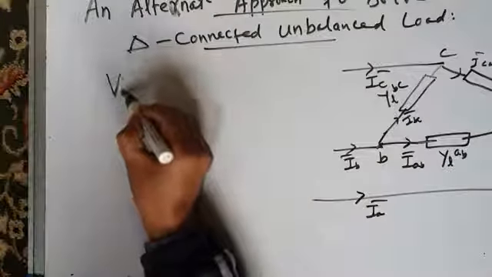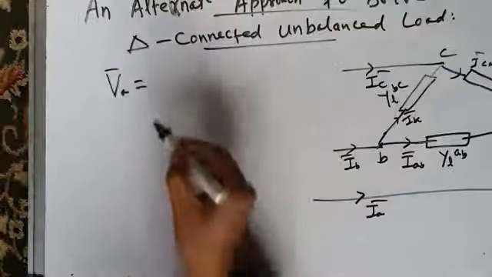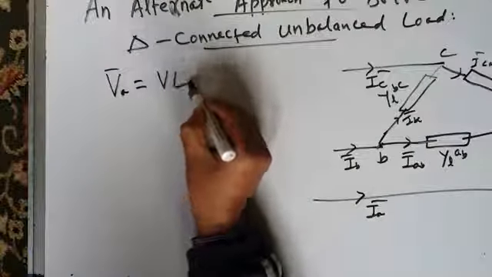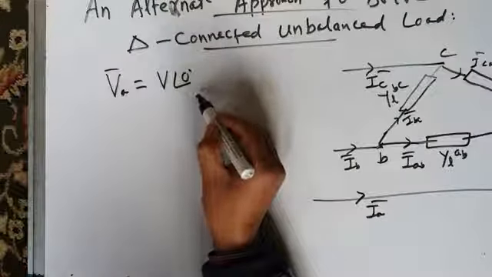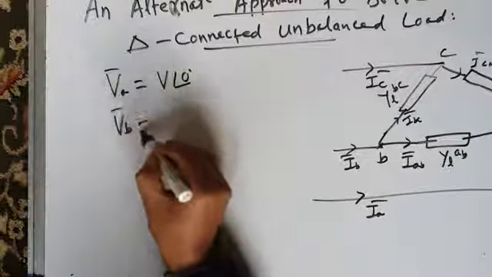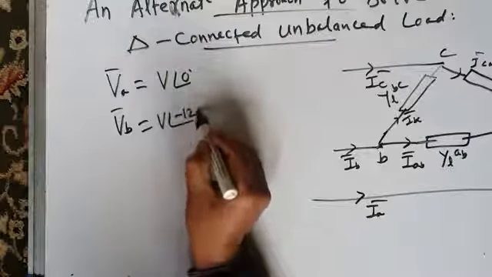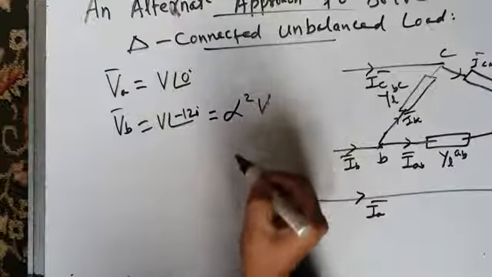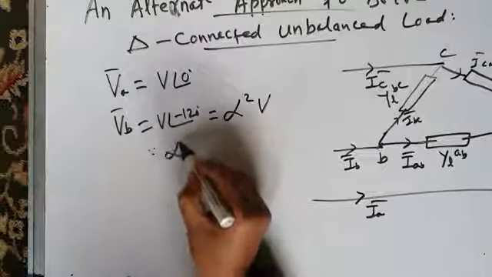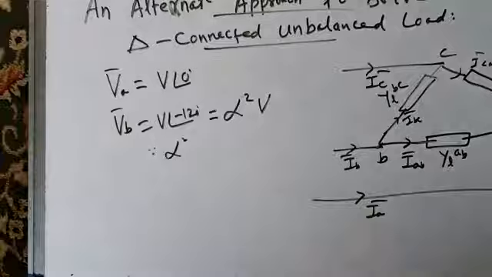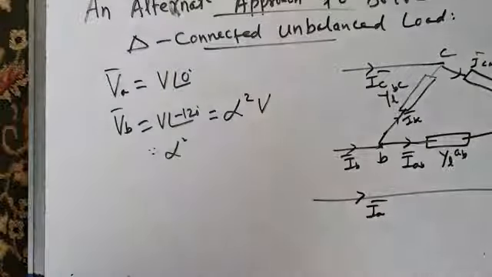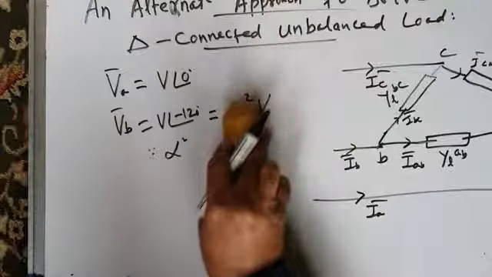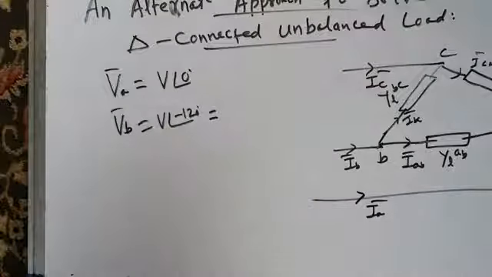Now, what is VA? Let us suppose the source voltage is balanced. VA is equal to V at an angle of 0 degrees. What is VB? VB is equal to V at an angle of minus 120 degrees, and that is equal to A square V, because you already know this from when we were discussing the sequence components. We had represented that by A, not alpha.